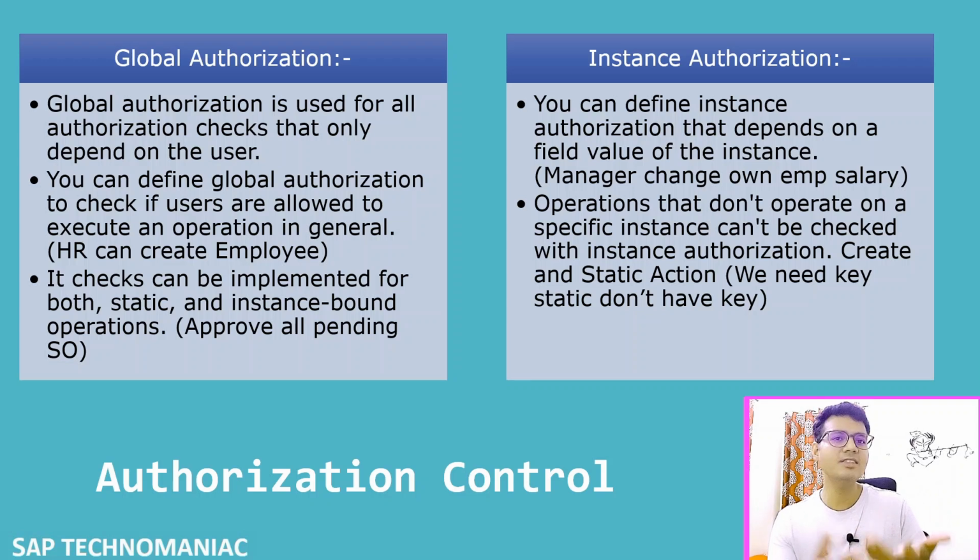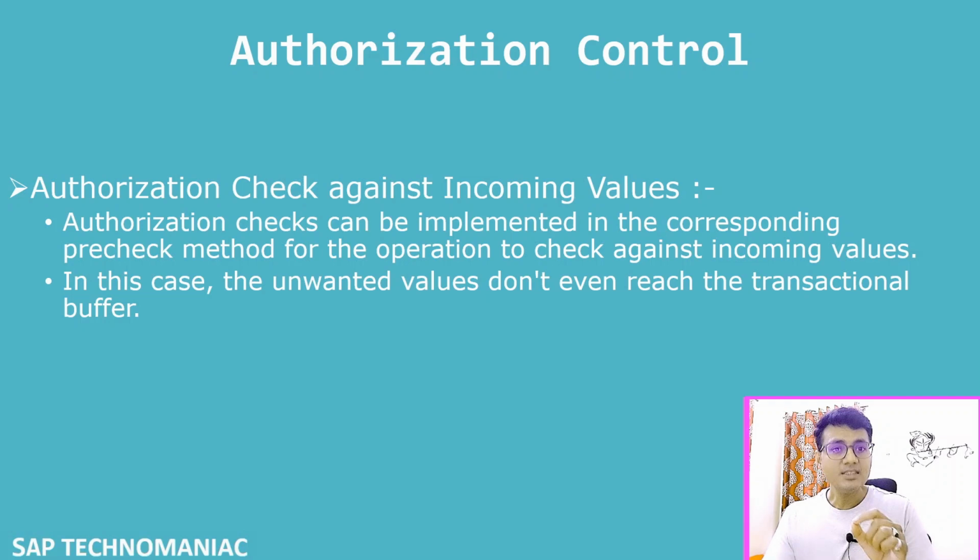So instance authorization will be applied to instance operations only. It can't be applied on static operations. This is the basic difference between global authorizations and instance authorizations. Global authorizations belong to both static and instance operations, and instance authorization belongs only to instance operations.